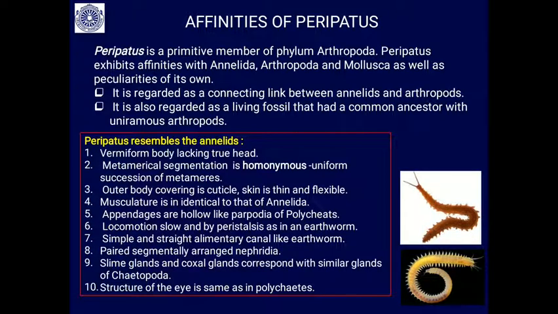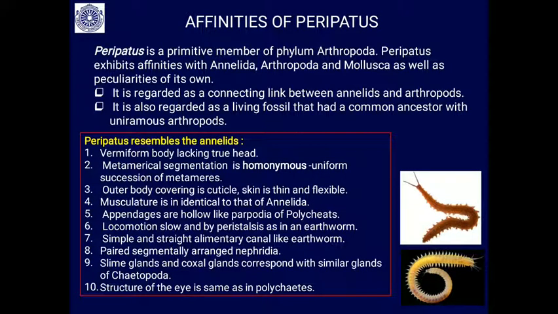Peripatus exhibits affinities, that is resemblances, with Annelida, arthropoda and mollusca, as well as, because it has evolved over 500 million years, it has got its own unique features. It is a living fossil, it has not undergone much change since 500 million years. That's why it has a lot of unique features, that's why it is a very interesting worm to study.